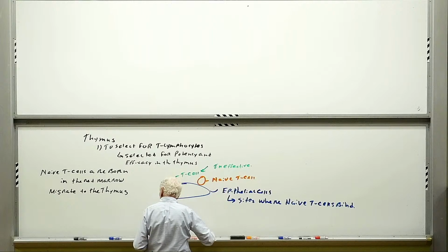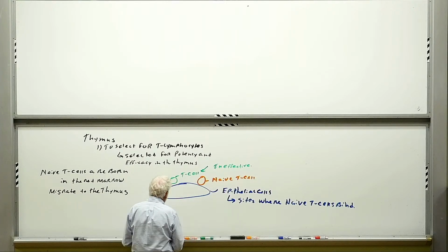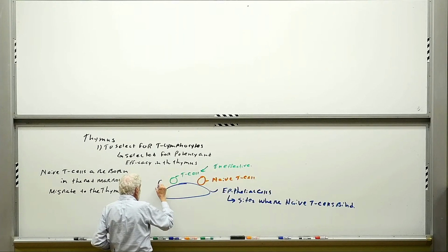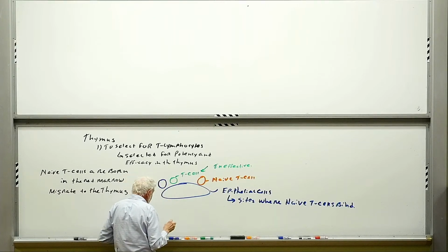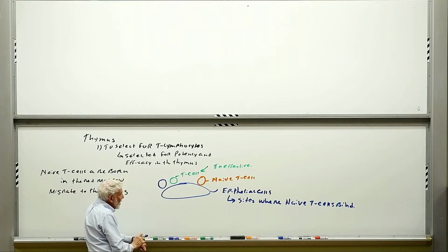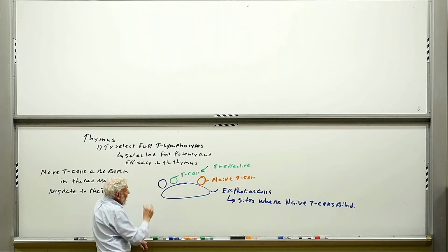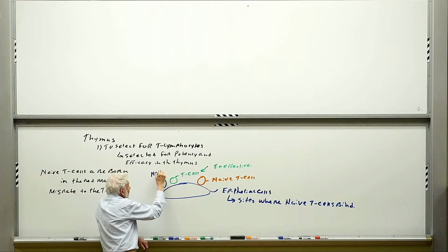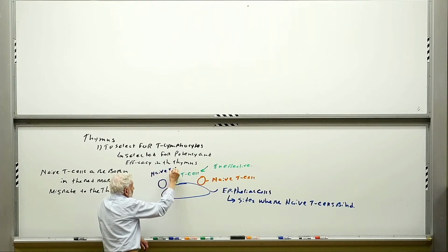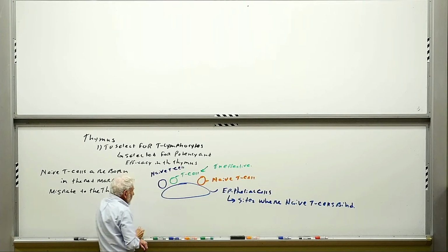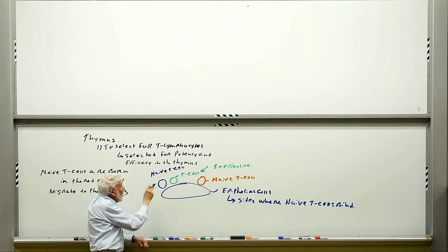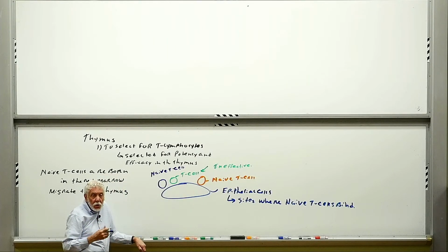But the ideal cell is a kind of Goldilocks cell. And when this sort of Goldilocks cell arrives at the epithelial cell, again, there's the handshake. And the epithelial cell says to the naive T cell, do you have proteins on your surface? Do you have transmembrane proteins that can recognize other proteins?